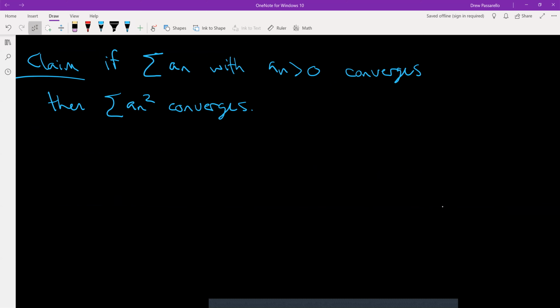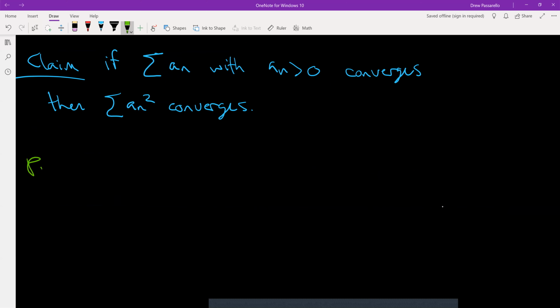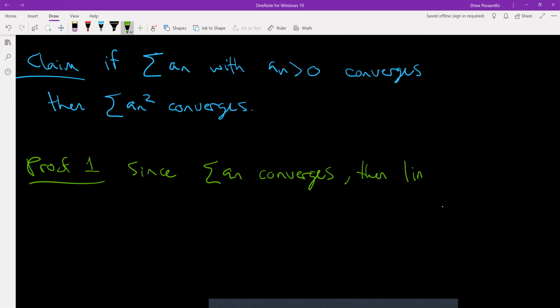Okay, so there's more than one way to do this. I'll show two proofs. So this will be proof one. Since an converges, then the limit of an is 0.